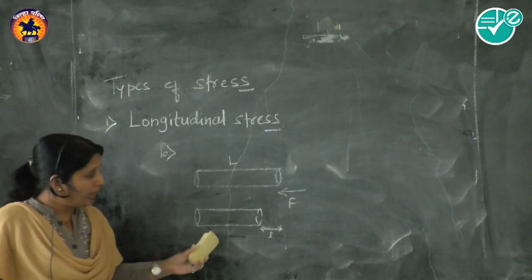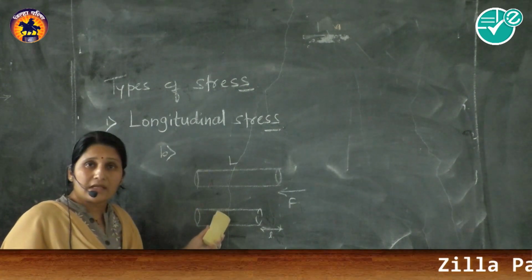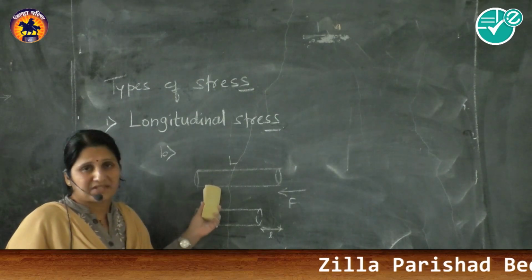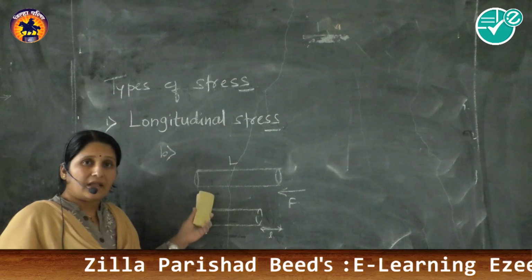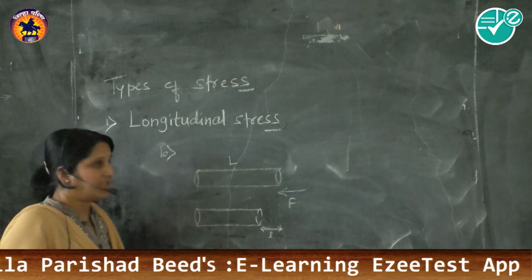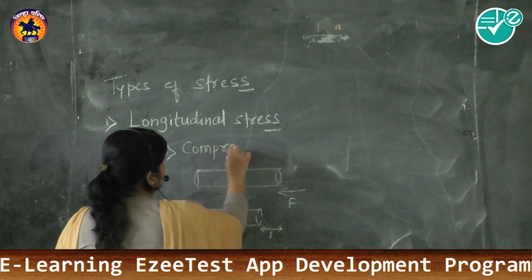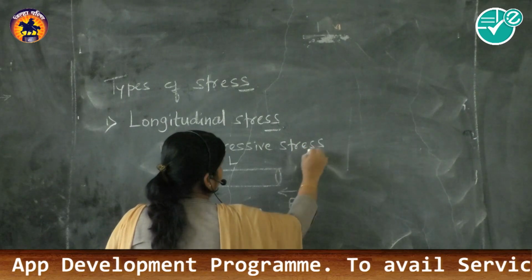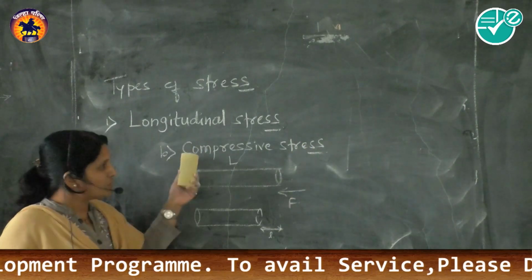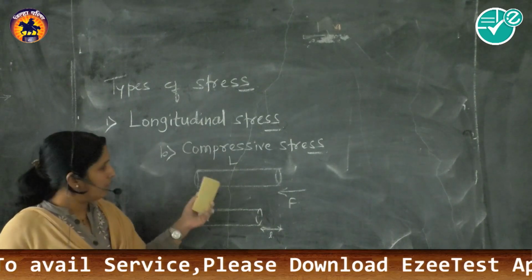Now in this case what happened? Length decreased. So in this case rod gets compressed, and so we say this stress as compressive stress. In the name of that, the meaning is there.